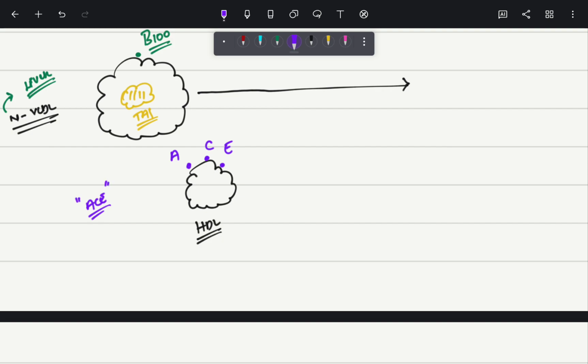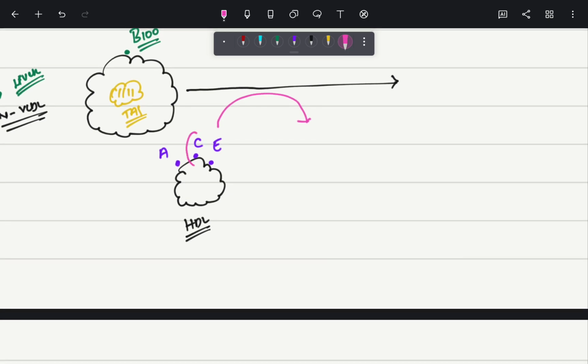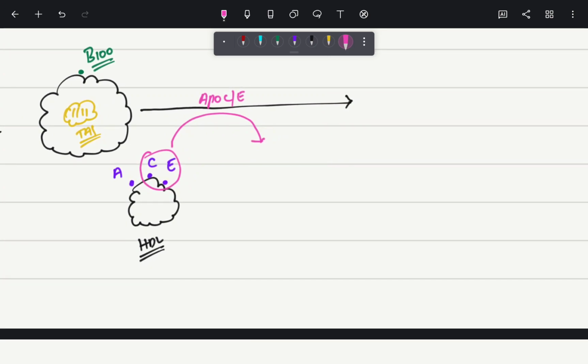Since HDL is a very good friend of the VLDL, it will donate two apoproteins, apoprotein C and apoprotein E. So here is your HDL, which lost apoprotein C and E, so it will have only apoprotein A.